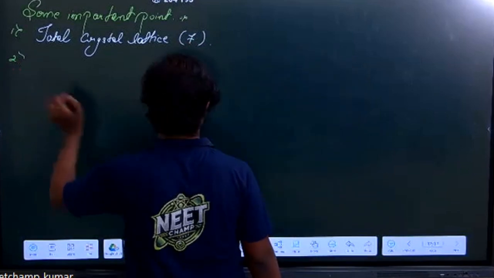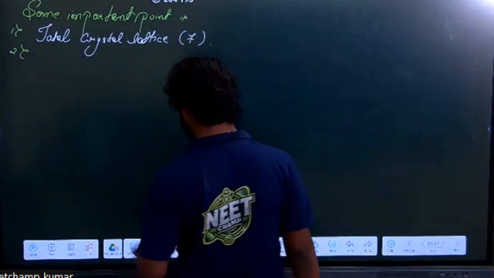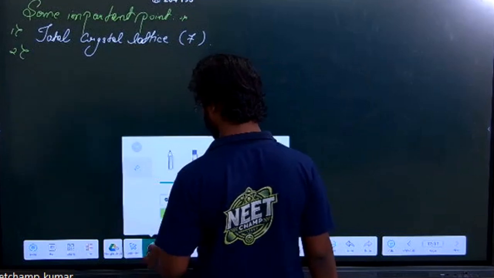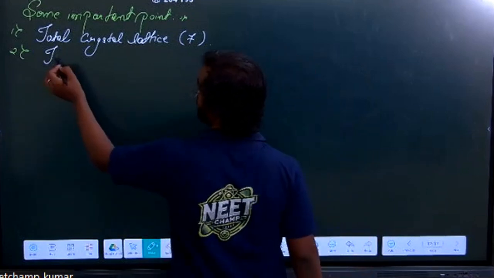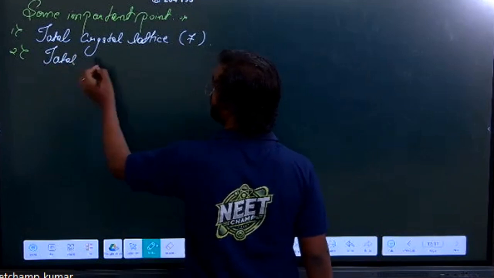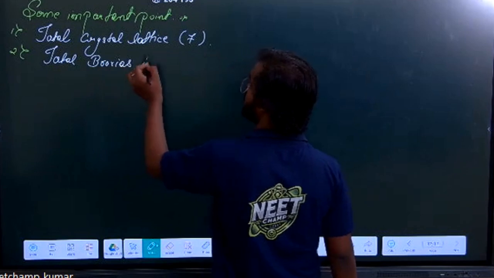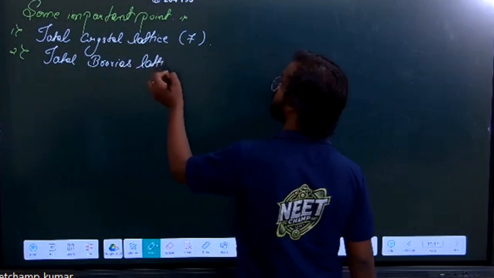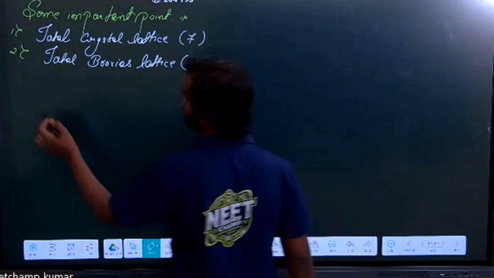Second important point is total Bravais lattices. How many total Bravais lattices are there? There are a total of 14 Bravais lattices.